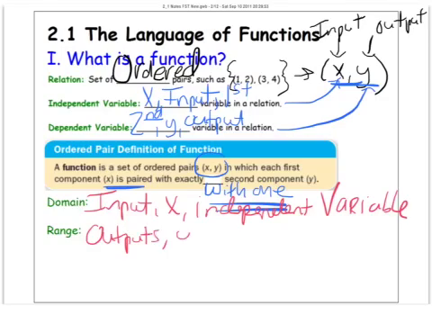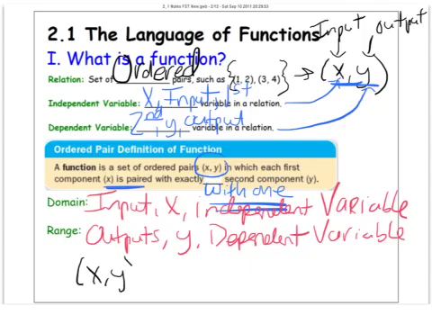It's the y value, and we call that the dependent variable. Good way to remember this, by the way, ordered pairs are x and y alphabetically. The domain comes first, so that's the x. The range comes next, or second, alphabetically, so that ends up being the y value.